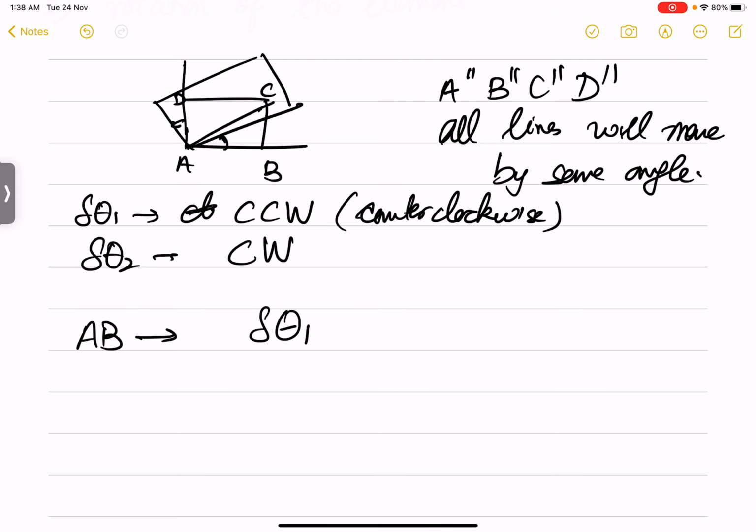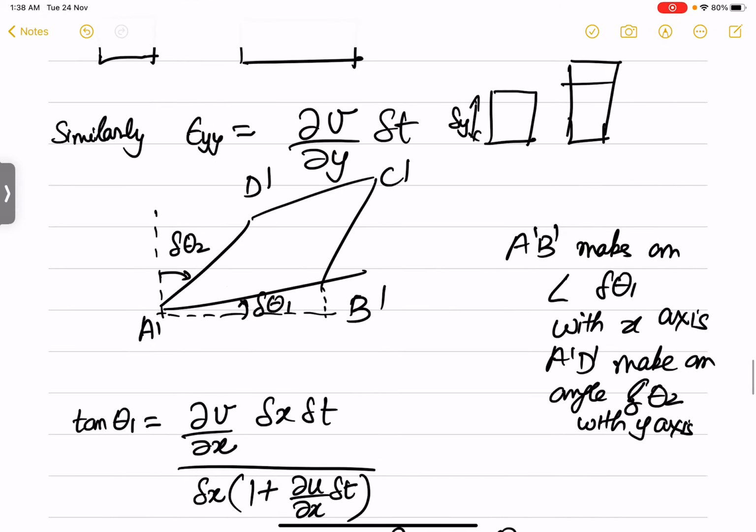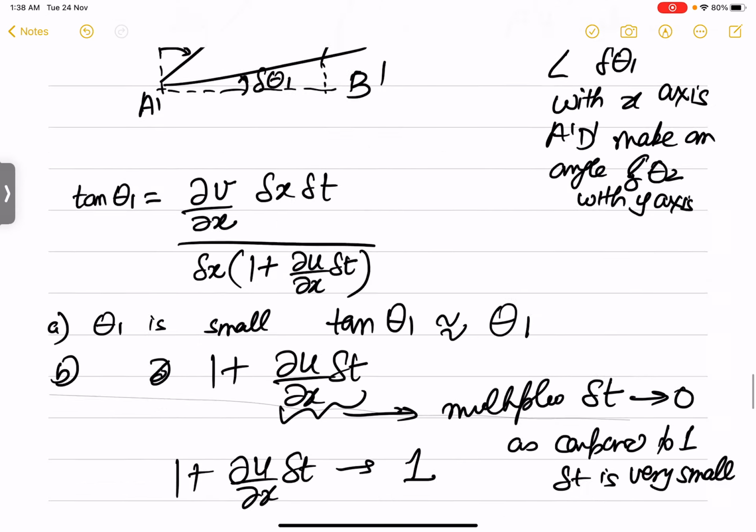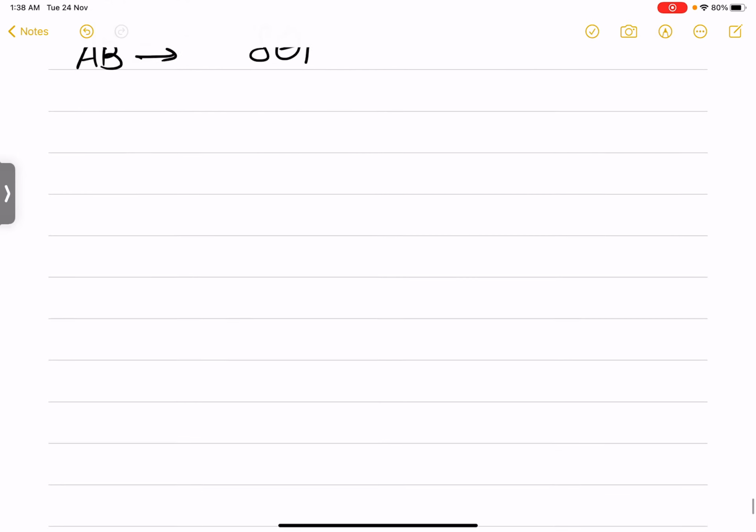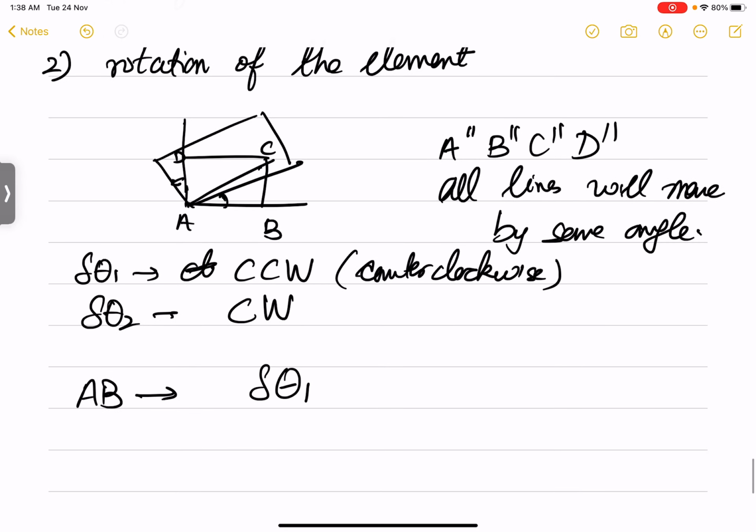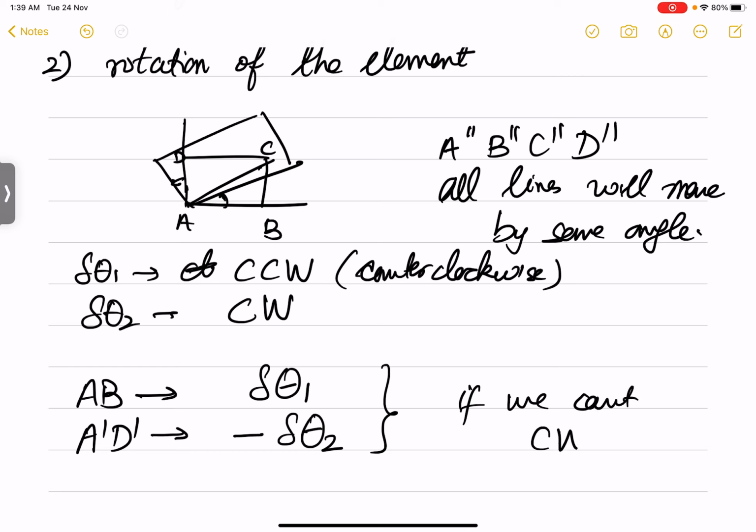And if we look at the top edge, which is the line A prime D prime, so this was AB, this moves, and A prime D prime has moved by an angle minus of delta theta 2 if we count counterclockwise as positive, because delta theta 2 is in the clockwise direction.